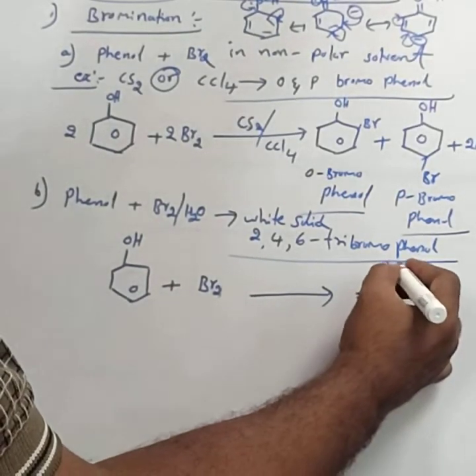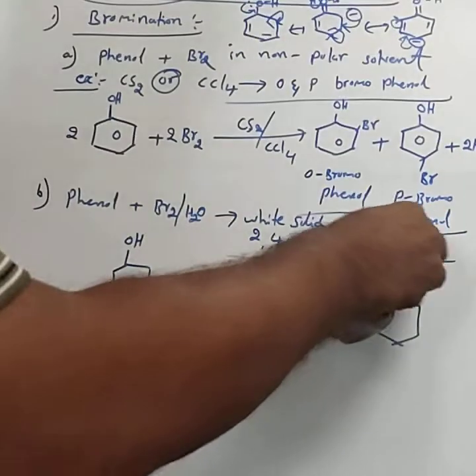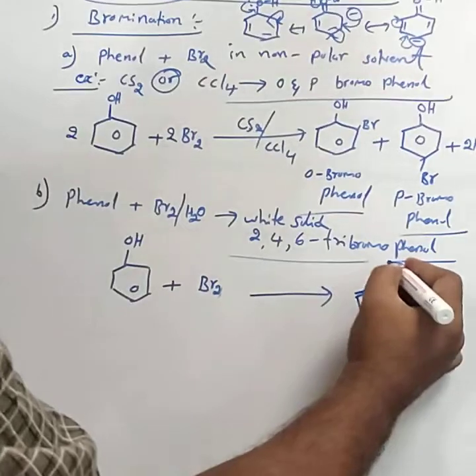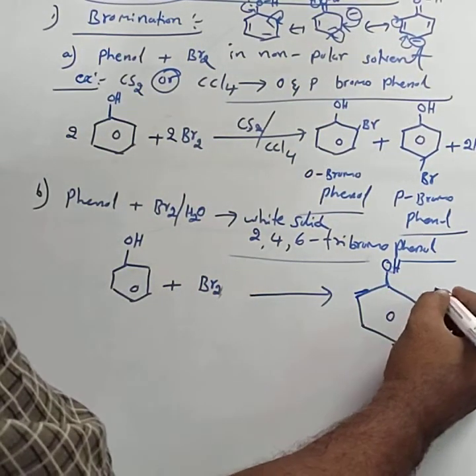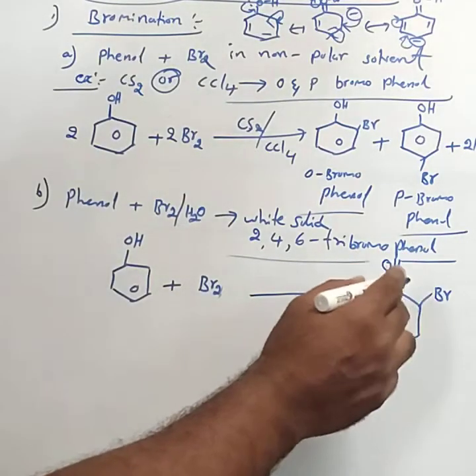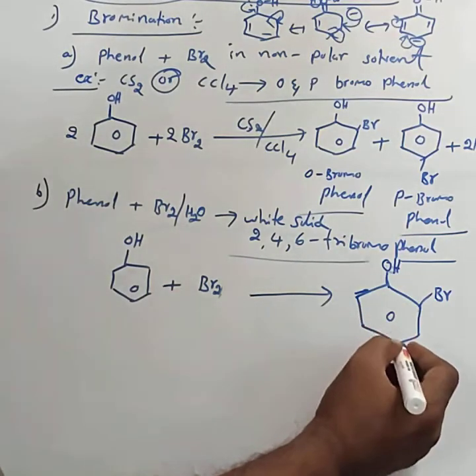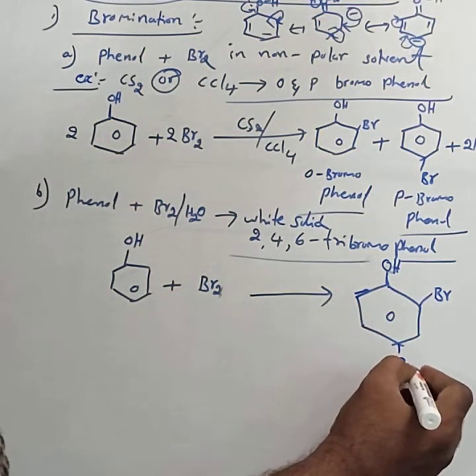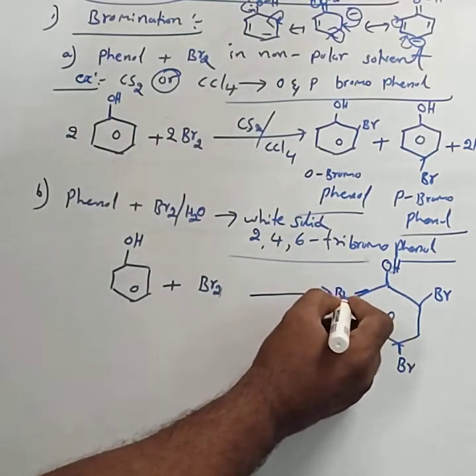This one is OH, here OH, then 2,4,6. This is the second position. At the second position, Br, not Br2. Majority of students write Br2. It is wrong, only Br. Here the fourth position Br, sixth position Br.